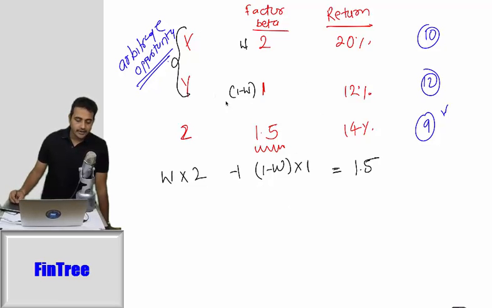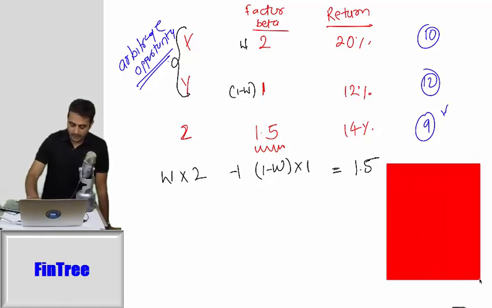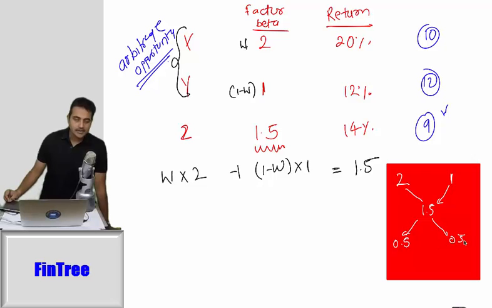Now I'll give you an easier technique to handle these questions. It's a small technique that we generally use in GMAT type of exams. So plot 2 here, plot 1 here, and we want that solution to be how much? 1.5. So take the difference between 1 and 1.5, which is 0.5, and the difference between 2 and 1.5, 0.5, and the total of these is 1.